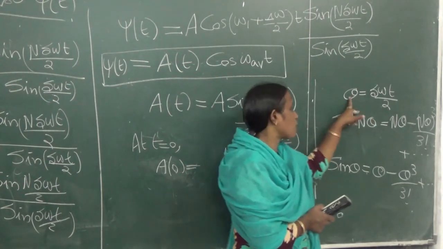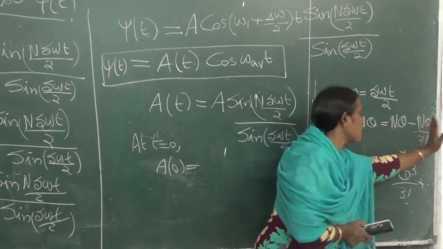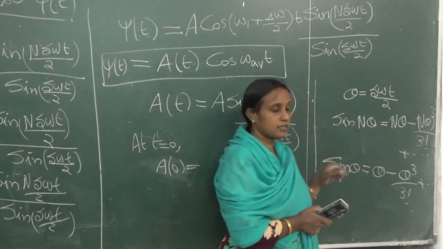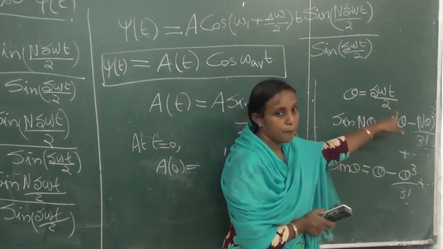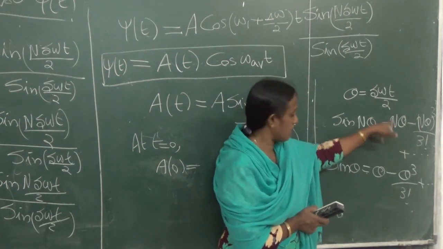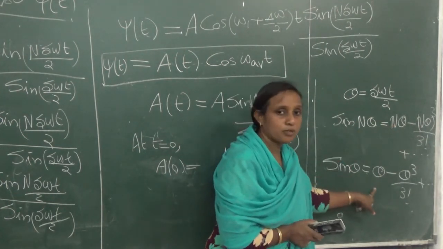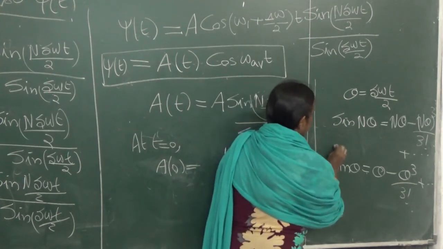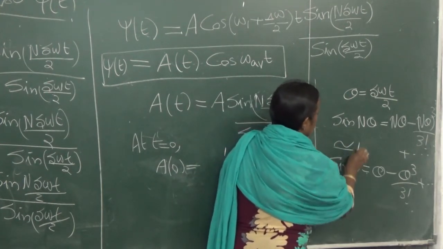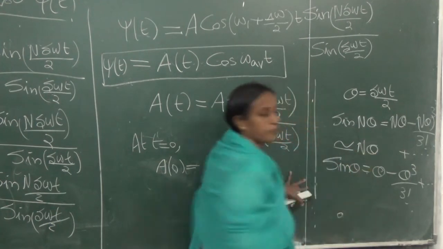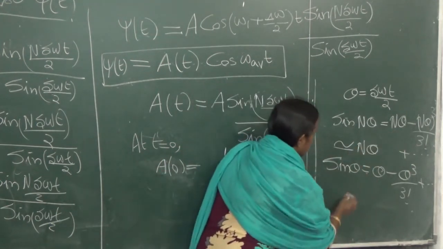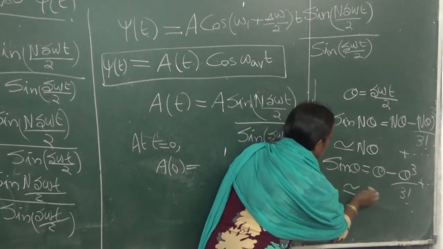For very small quantities, these higher powers can be neglected. So you will get sin n theta approximately equal to n theta, and sin theta approximately equal to theta.